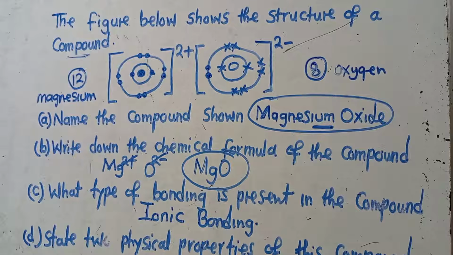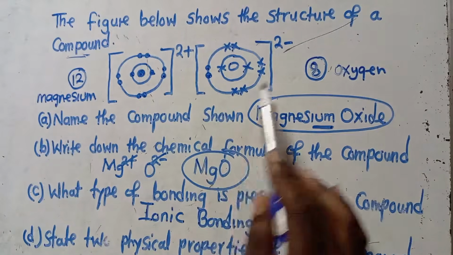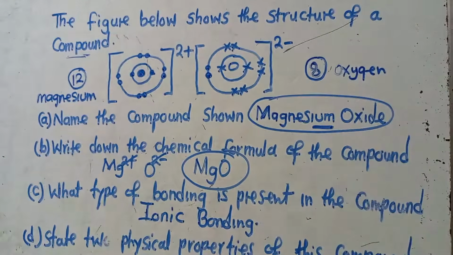Metals like magnesium are losing electrons, and non-metals like oxygen are gaining electrons. So any type of bonding that will exist between a metal and a non-metal is called ionic bonding. This is what you are supposed to know.